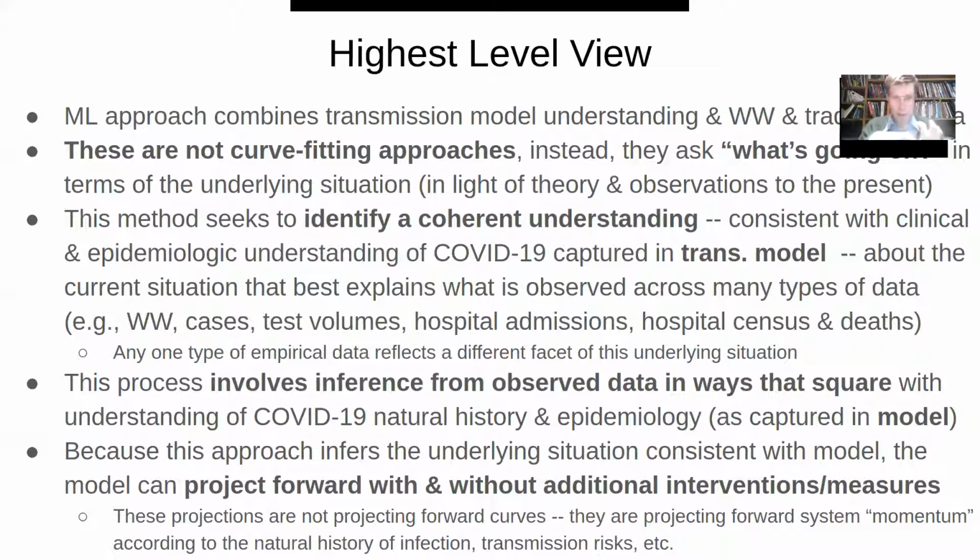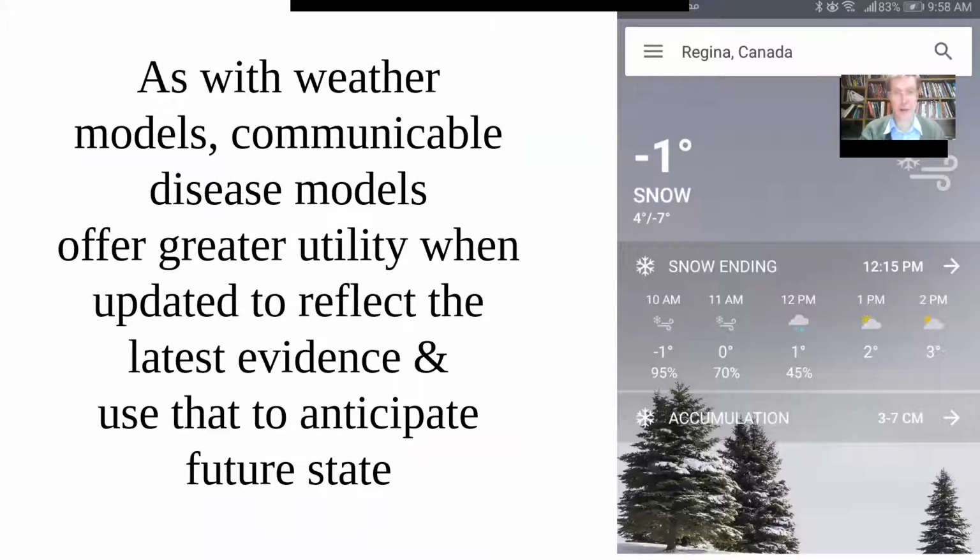It tries to understand the empirical data in that light and use it to best estimate the underlying situation. This does involve inference from the observed data and where it squares with that theory. And once we've done that, we can project forward and ask what if questions.